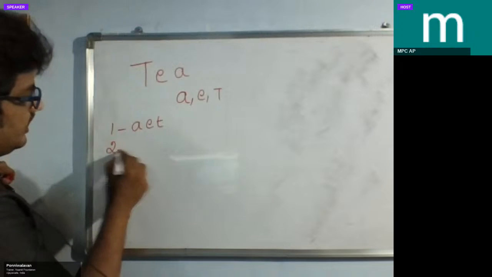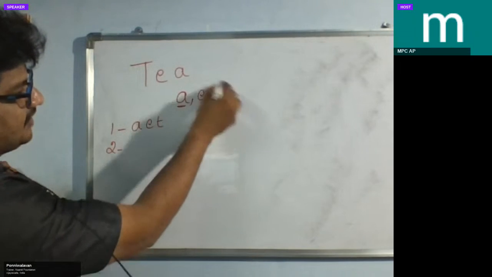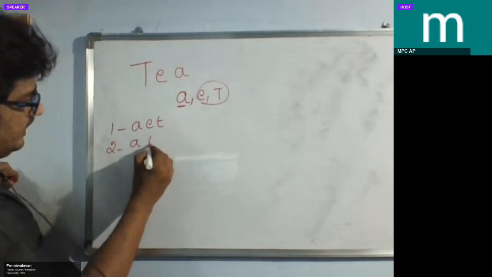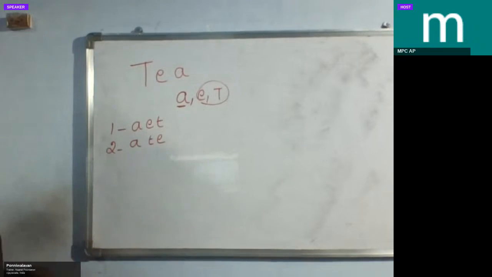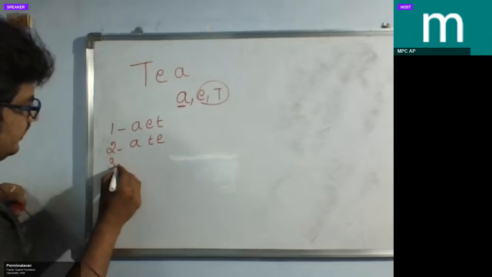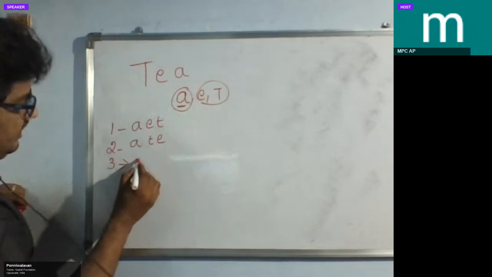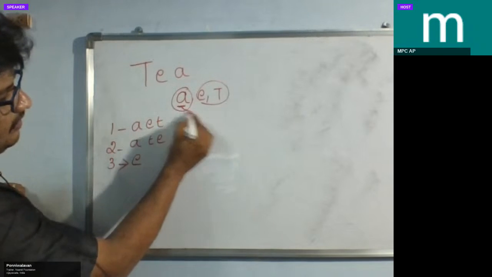Second, keep A here. Just shuffle this: E, T, then T, E. A, T, E. Then third one. Done with A, right? Then take E. If you take E now, what are the remaining two?